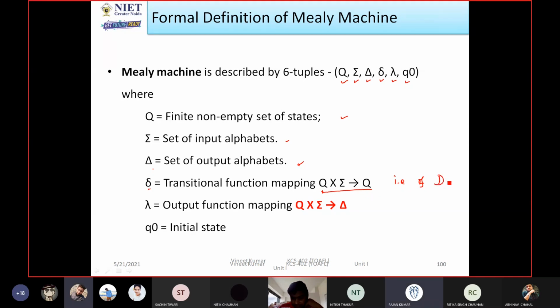DFA. That means a Mealy machine is nothing but a kind of DFA.